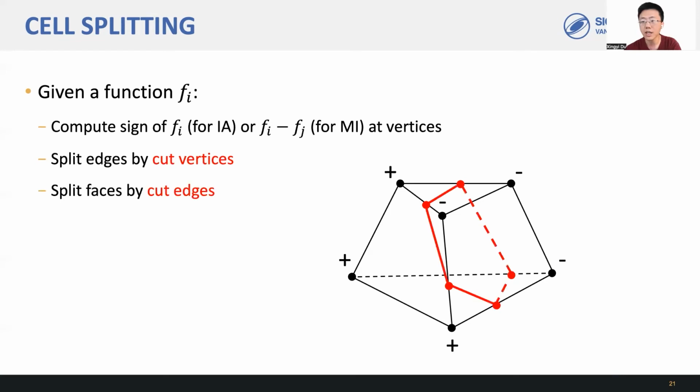We then connect the cut vertices to form cut edges and split the face on which they lie. Note that since the faces are convex, each face has at most one cut edge. Finally, we connect the cut edges to form cut faces and split the cell in which they lie. Again, since the cells are convex, each cell contains at most one cut face.